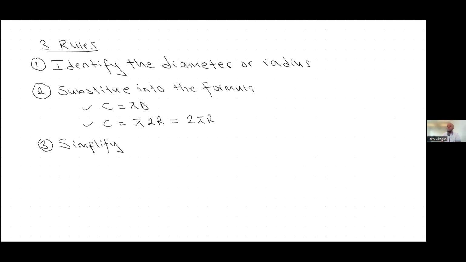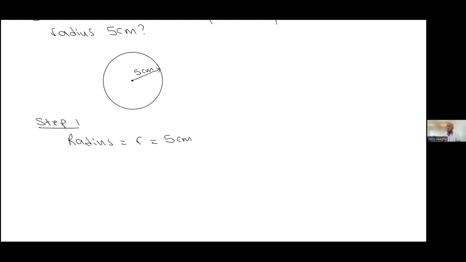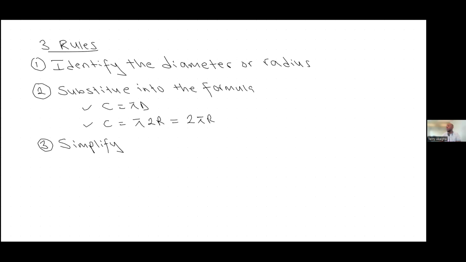We know the circumference is equal to 2 pi r, all right? So step 2, the circumference is equal to 2 pi r, and that will give us 2 multiplied by pi multiplied by 5. Now, step 3, we simplify.